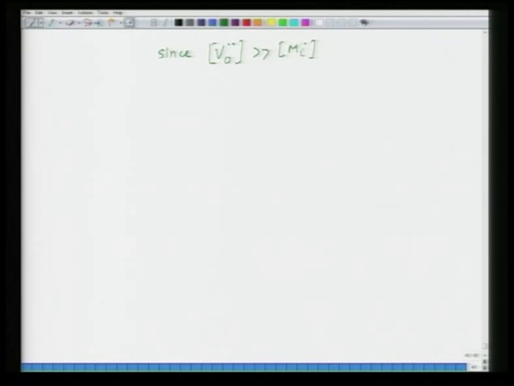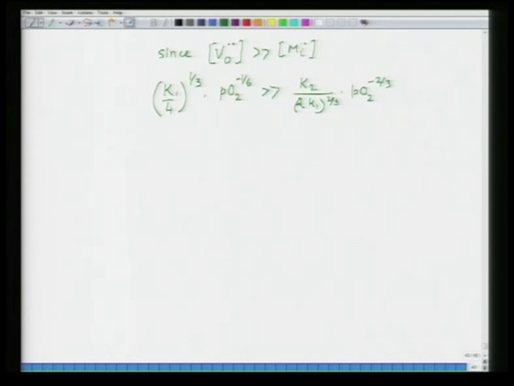So, what is VO? VO is K1 by 4 to the power 1 by 3 into PO to the power minus 1 by 6, is greater than K2 divided by 2 K1 to the power 2 by 3 multiplied by PO to the power minus 2 by 3.